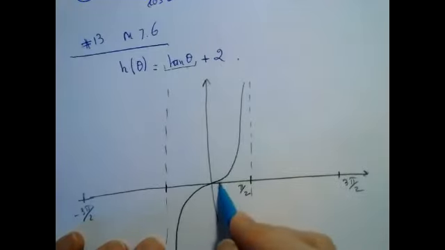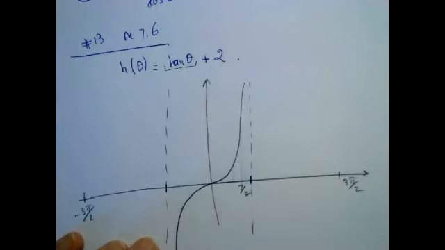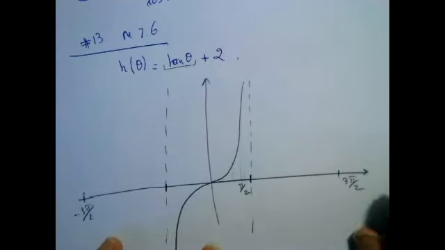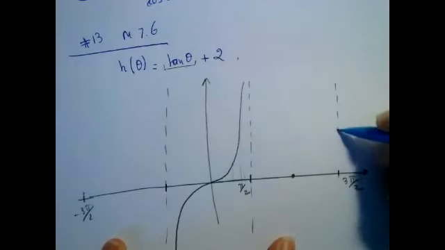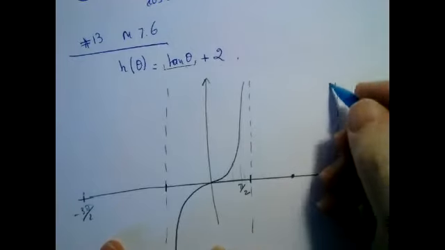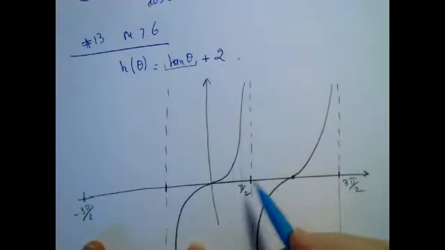So as t increased from 0 to pi over 2, the value of tangent gets larger. That's really the graph. And then the idea is that the graph repeats itself every pi. That's the graph of tangent. Pi over 2, this is called the asymptote, and this is called the asymptote.